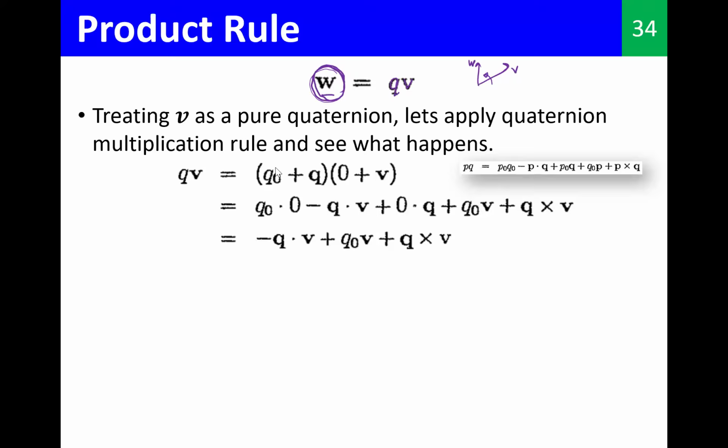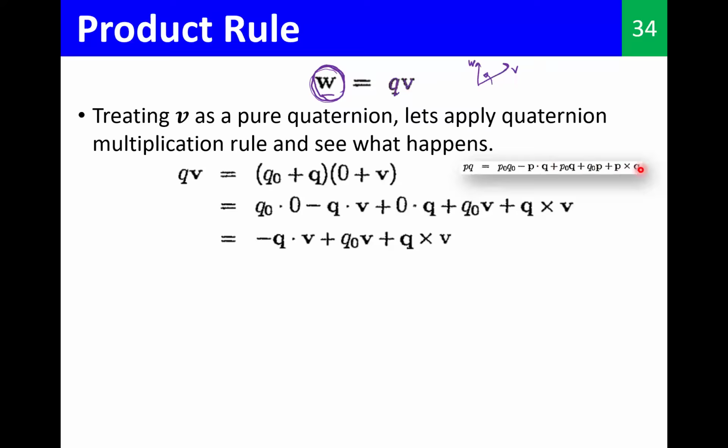Now I'm going to look at the answer of this QV. We already know how to calculate the product of two quaternions by now. This is my quaternion, which I apply on the vector, and I made it a pure quaternion, right? Then only I can do this multiplication.